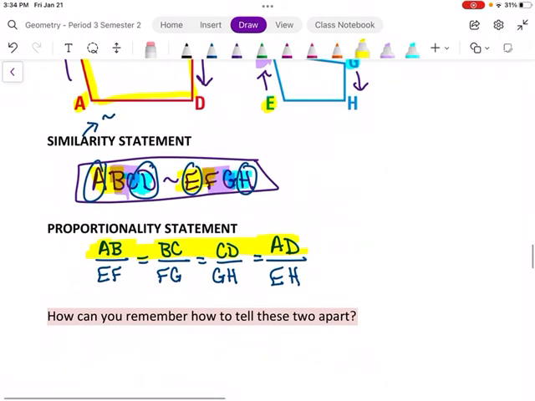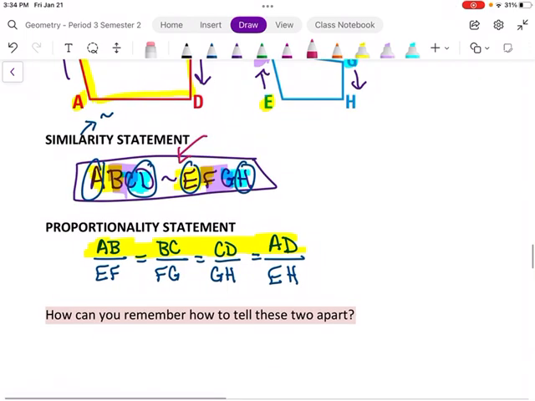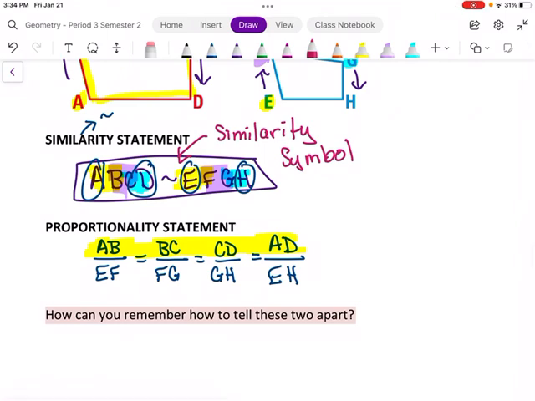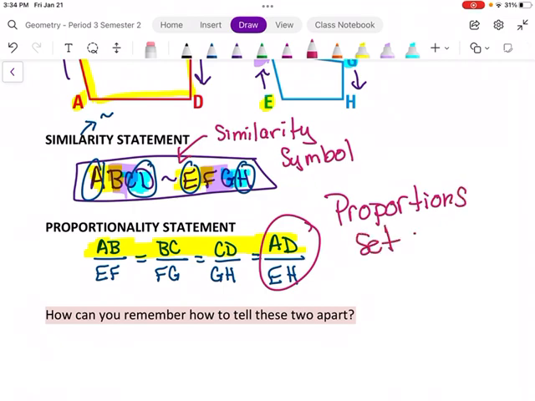The difference between these is the similarity statement has the similarity symbol. And then the proportionality statement has proportions set equal to each other. So that's how you can tell the difference between these two.